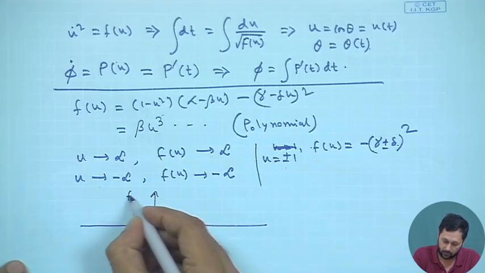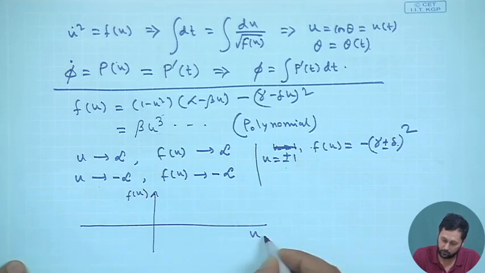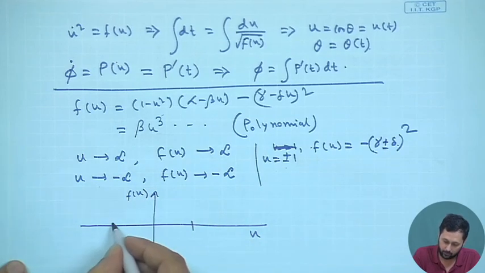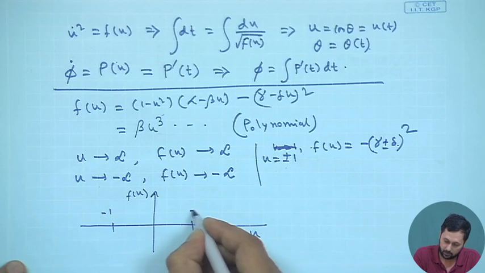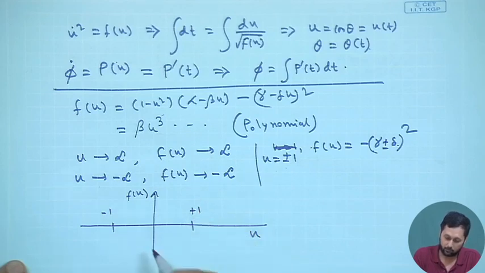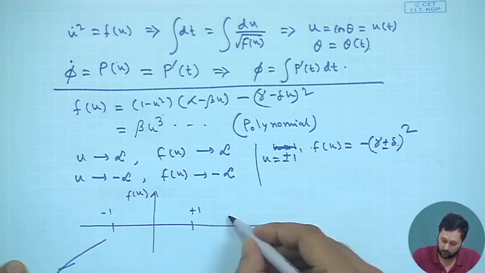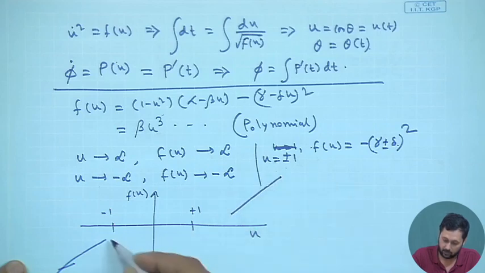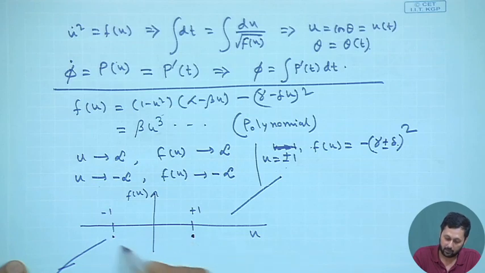Now, if I try to plot f of u, this is your u axis, this is your plus 1, this is your minus 1. We can say that it is going to minus infinity, it is going to plus infinity, and at these two points it is negative definite. So, at some point it has to cross 0.